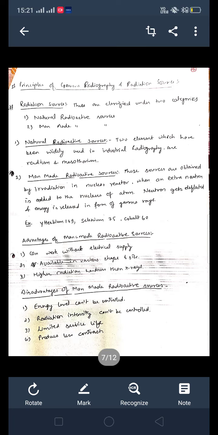My dear students, we had discussed in the previous video activity, attenuation, and types of radiation. Under the types of radiation, ionizing electromagnetic radiation like X-rays and gamma rays, the photoelectric effect, Compton effect, pair production, Thomson scattering, and Bragg's law.